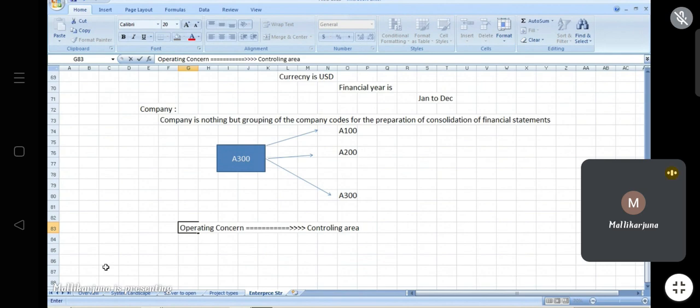On what basis will we declare one operating concern, one controlling area? So 1:1, or 1:n.